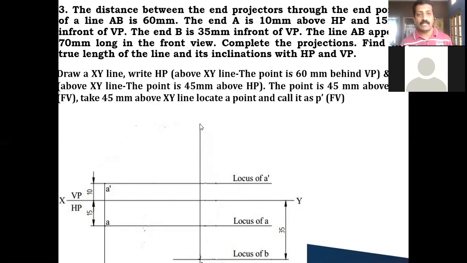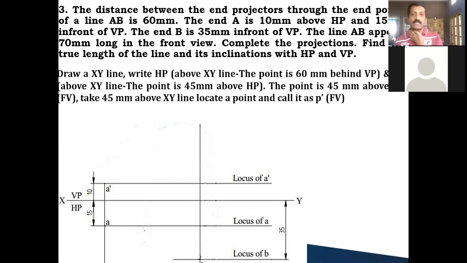This is the end projector distance, that means on this particular line only my B and B dash should come. So wherever this vertical line cuts the locus of B in the top view, that point itself is my point B in the top view. After identifying this point, you can join AB with a thick line. So this is your top view. Till here I can complete, as per the information he has given.